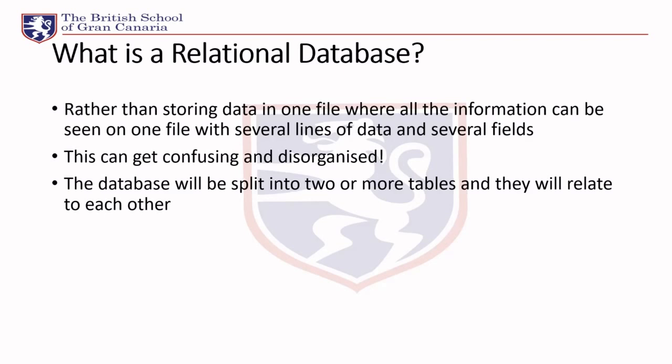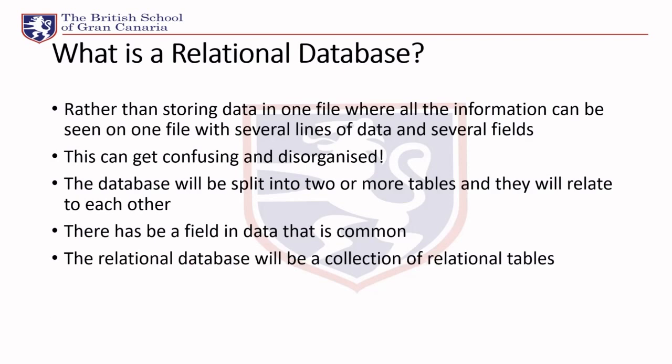Now, if you studied IGCSE ICT, you will know this because you would have made a relational database at some point. Okay, you may not have done it in your exam. You may have done it in practice in class. But the data in that field does have to have something in common.